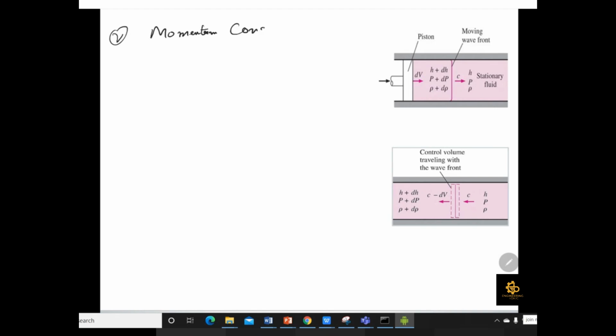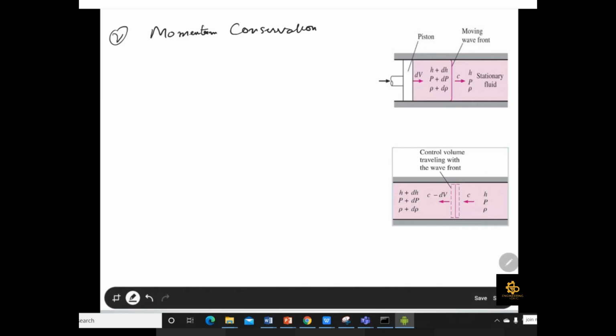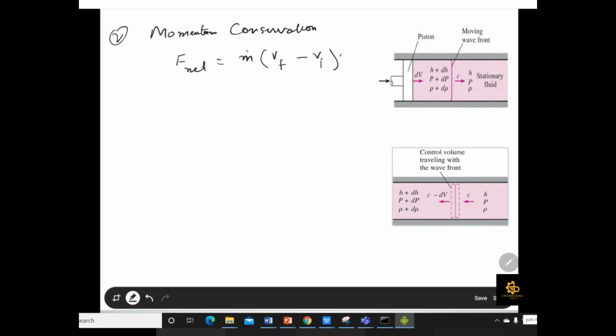You already know from your fluid mechanics that F net is equal to mass flow into final velocity minus initial velocity. So F is equal to m dot into delta V.